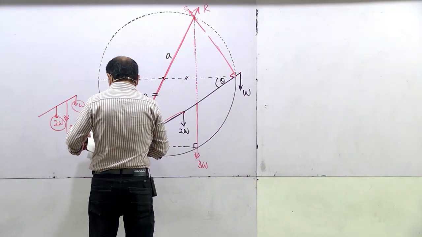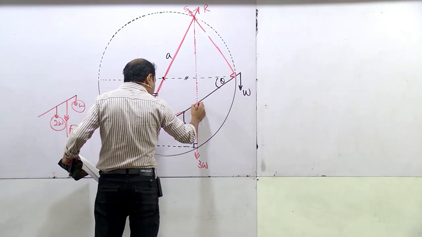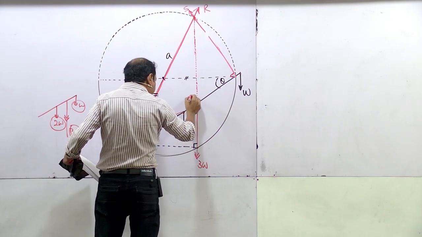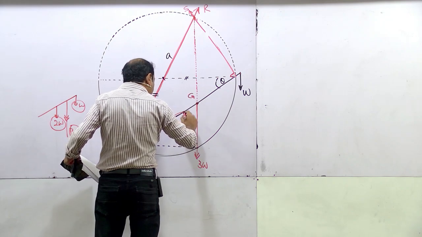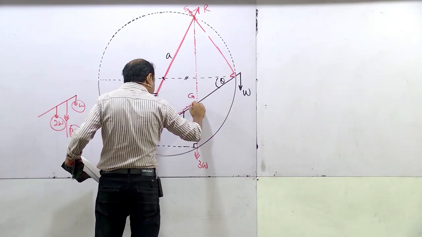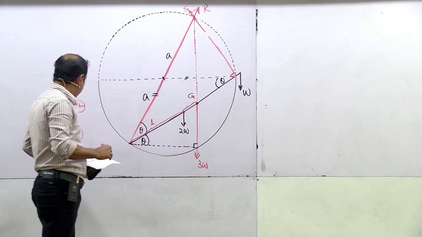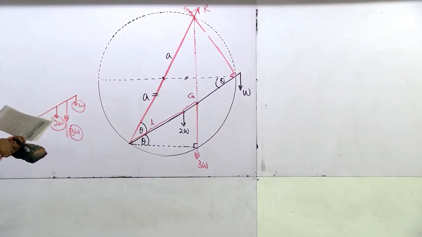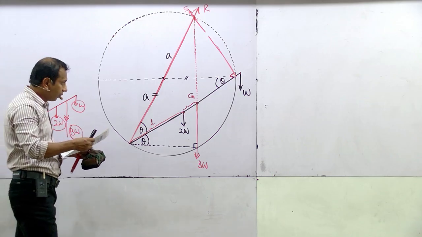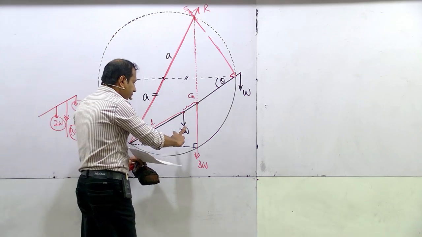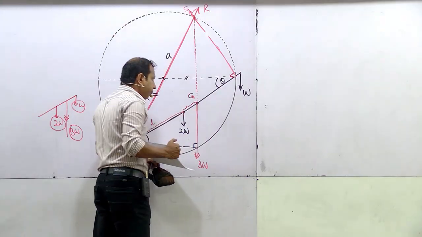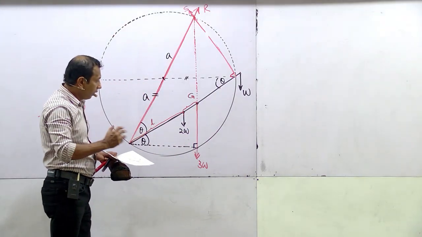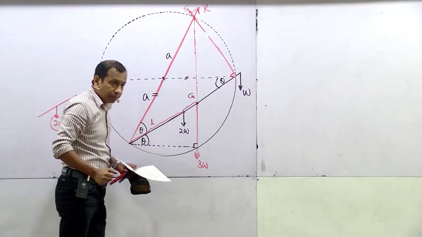Now, if I take this point as G, I need to find this length. You can very clearly notice here 2W and this W, their resultant is 3W.